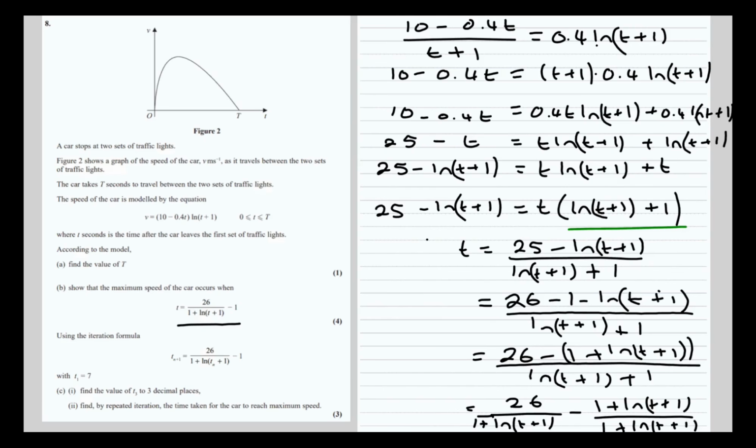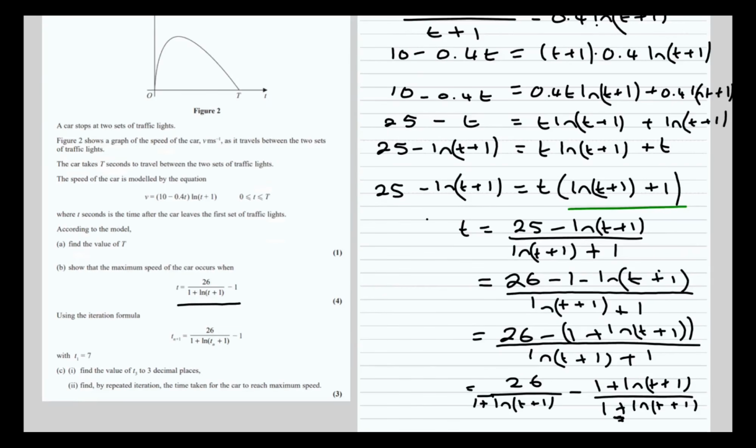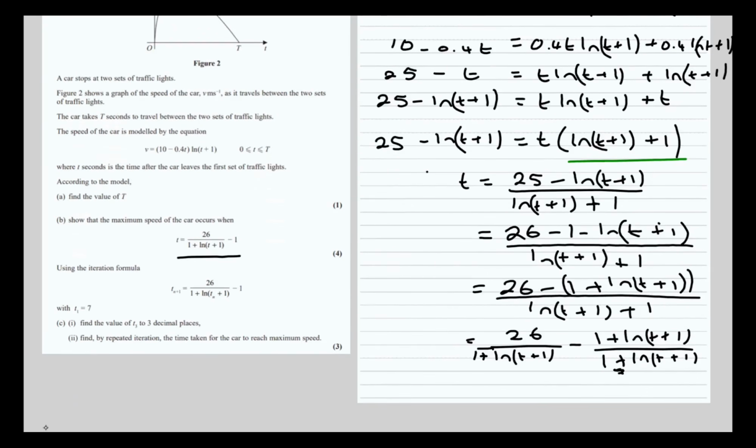When the denominator and the numerator are the same, we can change it into 1, because dividing top and bottom by themselves gives 1. So we have 26 over (1 plus ln(t plus 1)) minus 1.